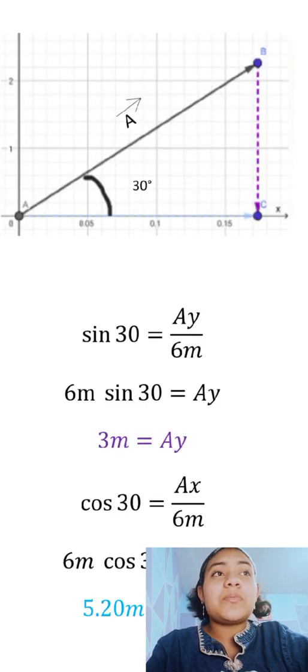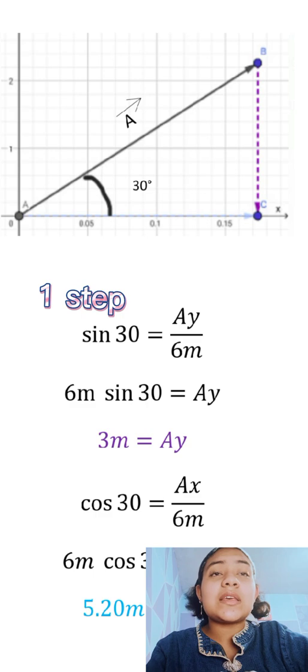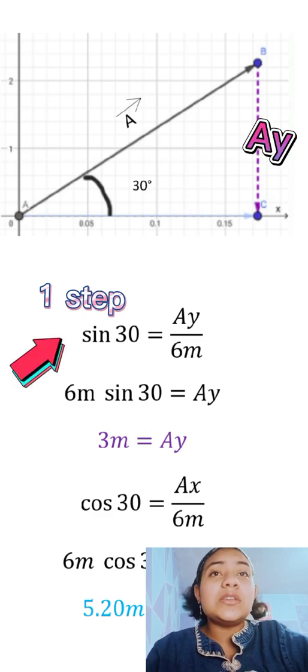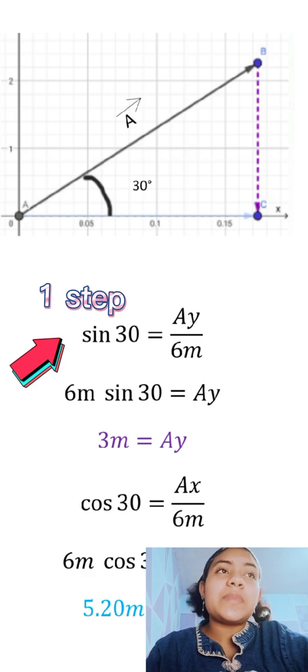To begin with, we use the sine, and for that we need the opposite leg, in this case AG, and we divide it by the measure of the vector, which is 6 meters.